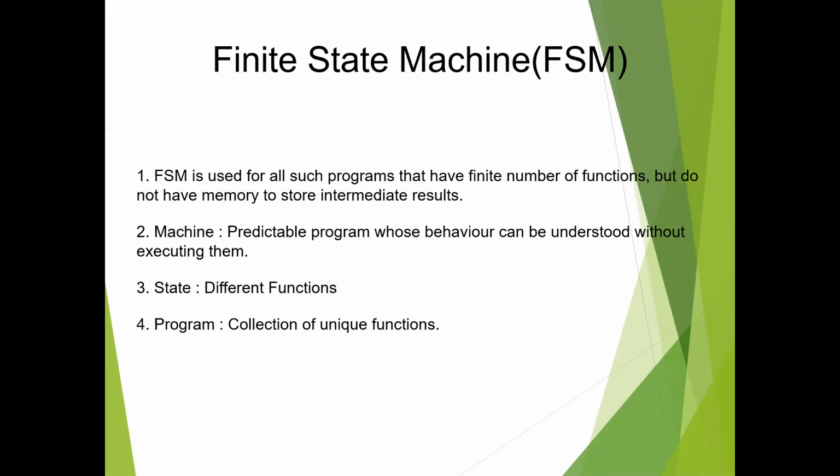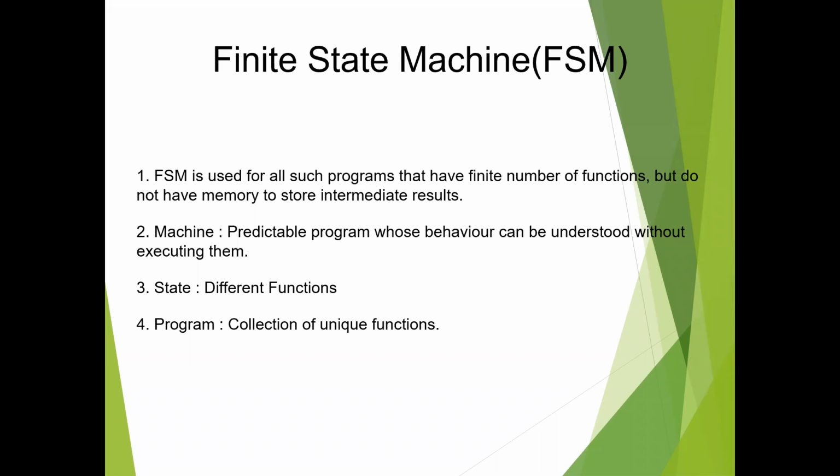So the program, it is a collection of functions, and your state, this term from finite state machine, the term state, it is analogous to those functions. So machine is a program, and states are nothing but the functions. So the finite state machine, you can say it is just a program.